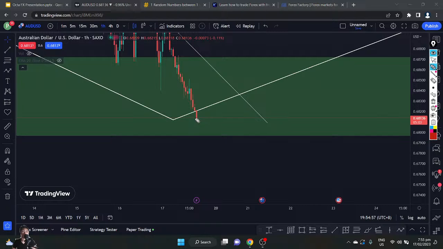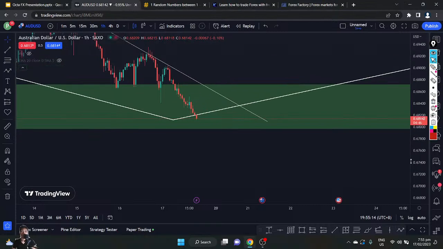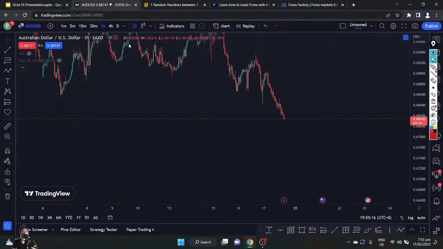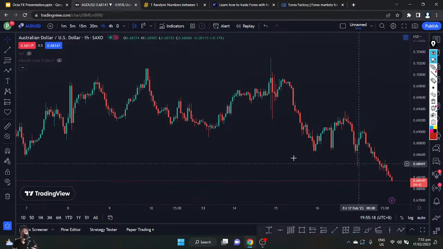Or they also consider trading on a double bottom. But again, the conservative traders prefer trading on the breakout before opening a trade. All right, so that's the main difference of conservative and aggressive traders.